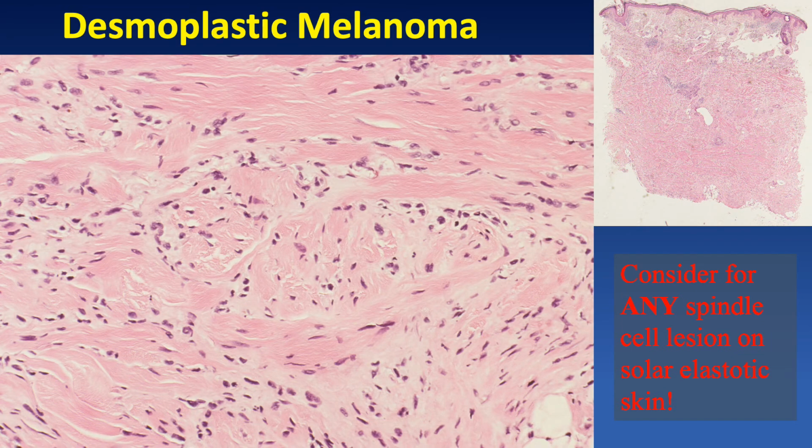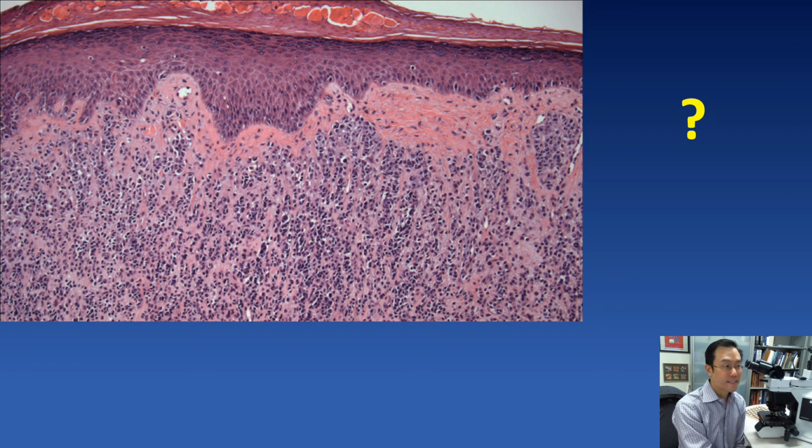And so a basic rule of thumb to avoid getting into trouble with desmoplastic melanoma is simply to consider desmoplastic melanoma for any spindle cell lesion on solar elastotic skin, and by extension probably any spindle cell lesion on acral skin as well. How about this one?